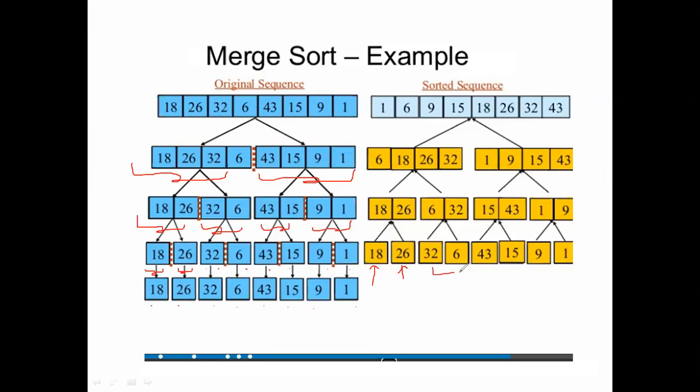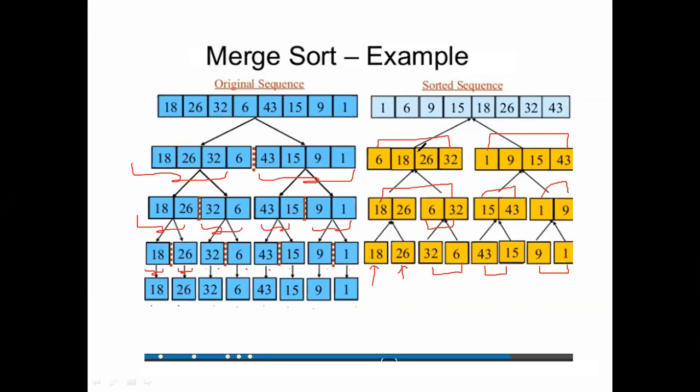Again I compare these two and perform sorting here, and these two as well. Then I arrange these in order, perform comparison, and store the elements in ascending order. Now we perform merge between these two arrays.